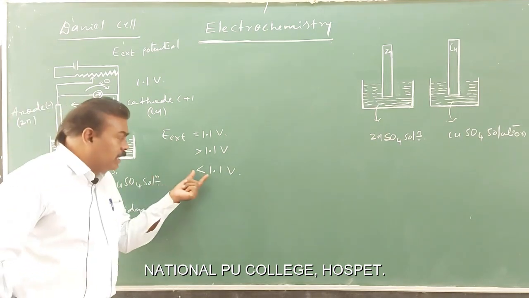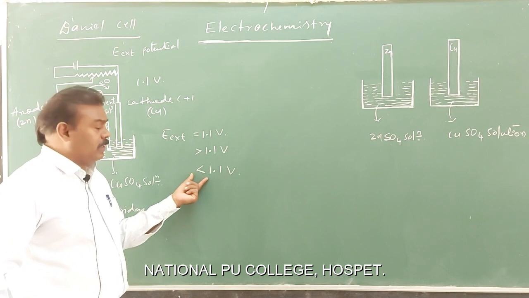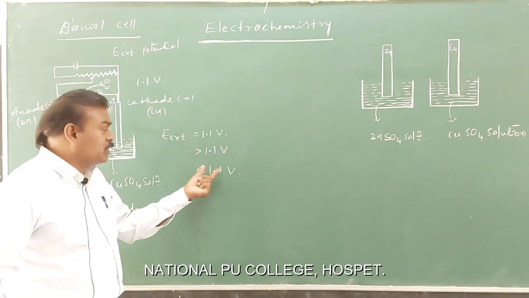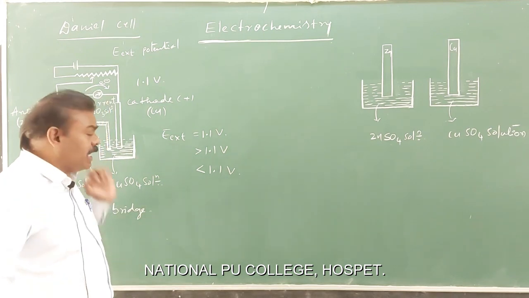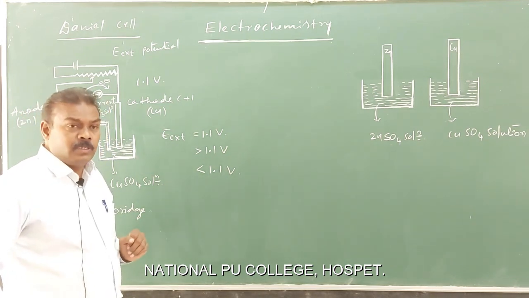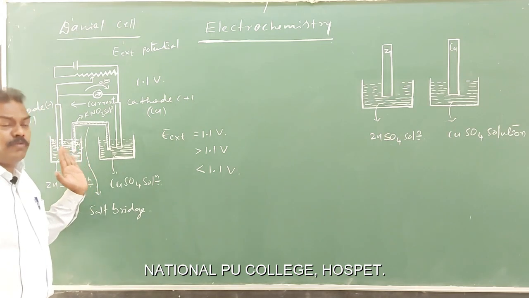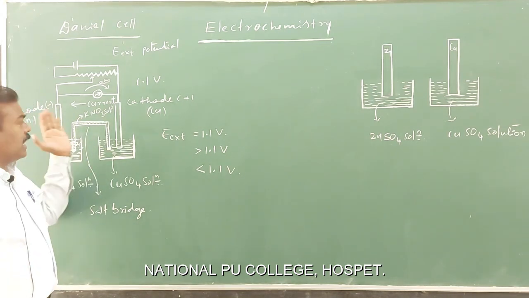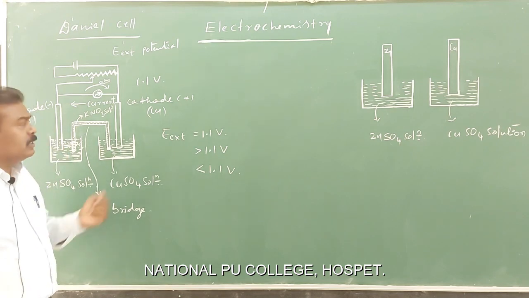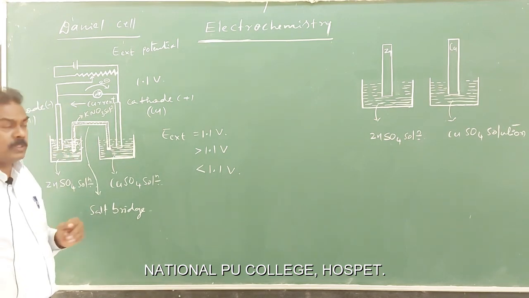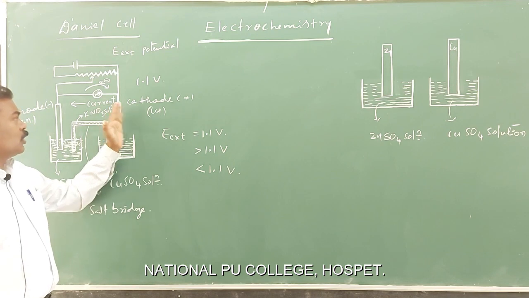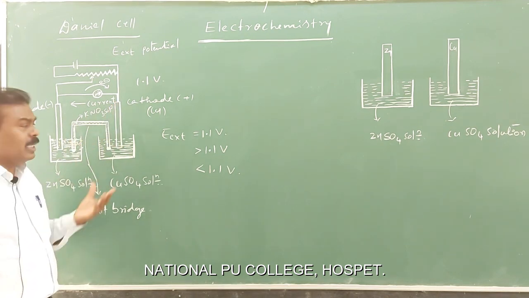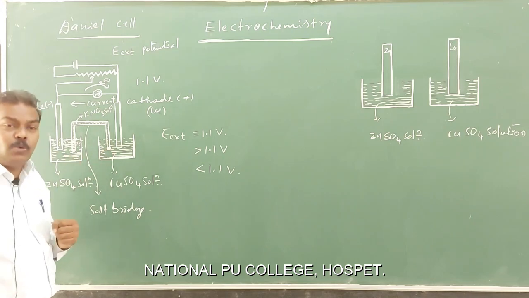If you apply less than 1.1 volt as external potential to the Daniell cell, the electrons usually move from the anode to the cathode. Here the anode undergoes oxidation, the cathode undergoes reduction, and the current moves from cathode to anode. Now it acts as an usual electrochemical cell only.